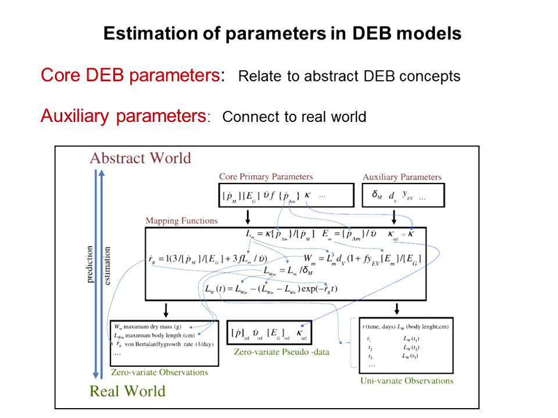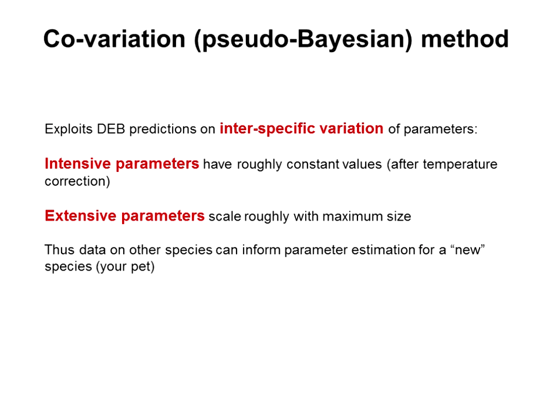I think it is greatly helped by keeping separate in your mind these two concepts, the core parameters and the auxiliary parameters, because if you want to stay within the framework, you have a lot of species-specific flexibility with the auxiliary parameters that you don't have with the core parameters. So let me outline briefly how the covariation method, which I think could be thought of as a pseudo-Bayesian method, works.